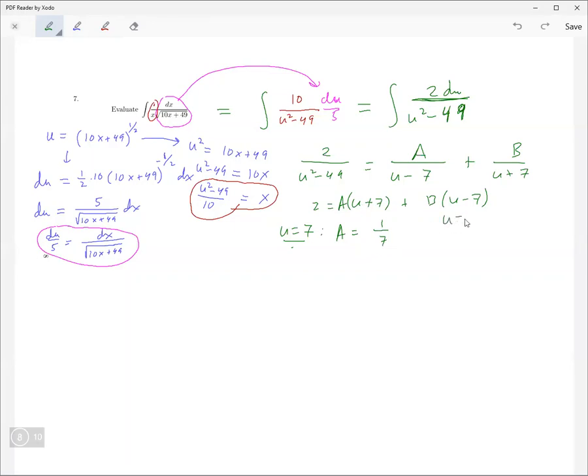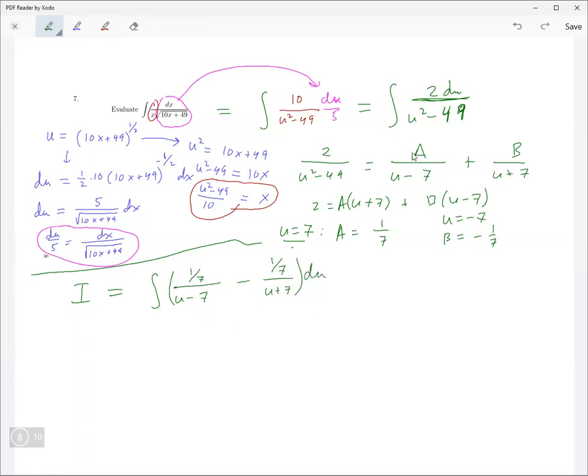And then if you set u equal to negative 7, that goes away. This becomes negative 14, so B will be negative 1/7. So the integral now becomes the integral of 1/7 over u minus 7 minus 1/7 over u plus 7 du.